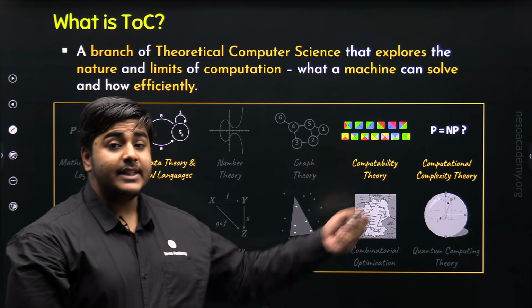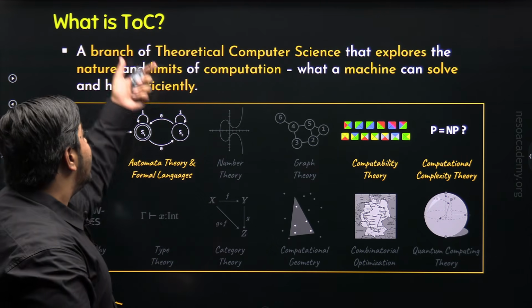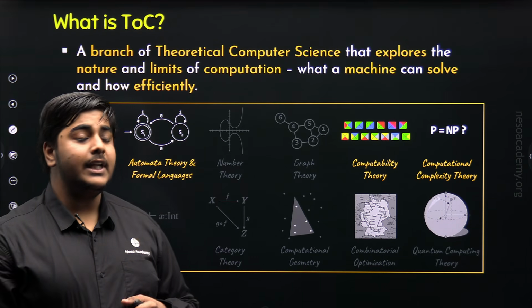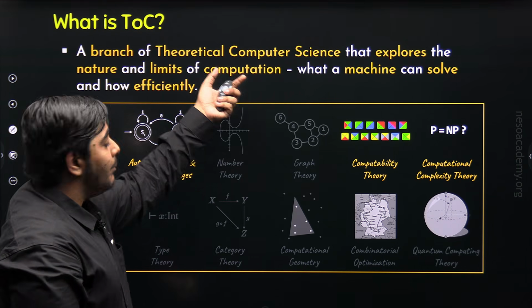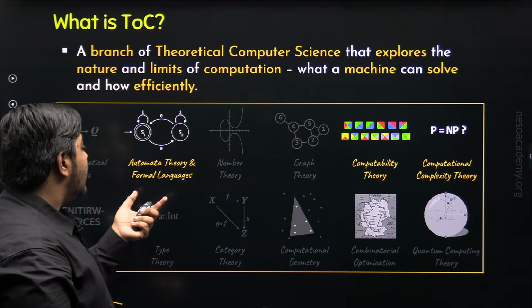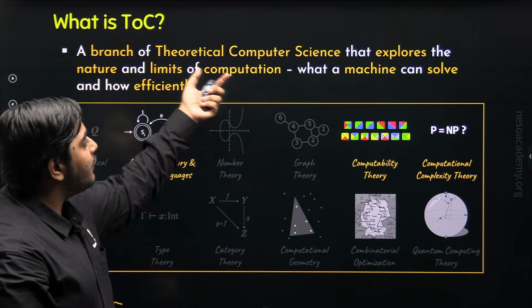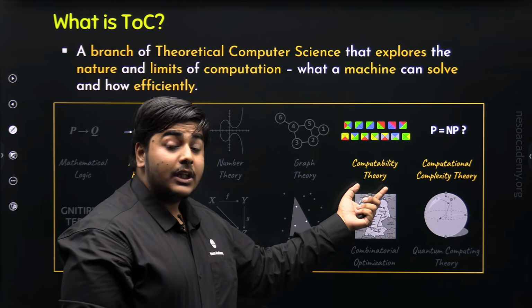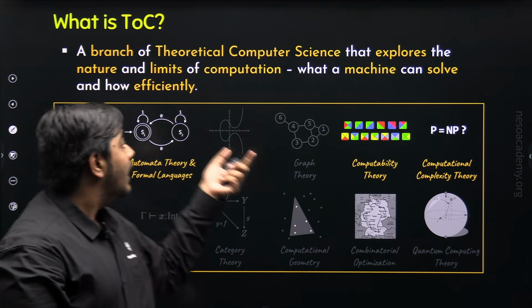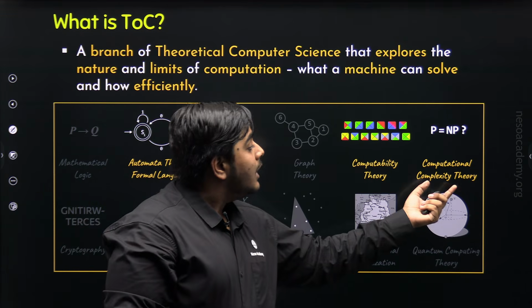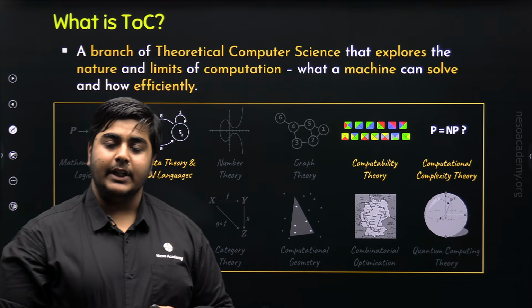These three subjects together are called theory of computation. In the definition of TOC, nature of computation comes under automata theory and formal languages. Limits of computation comes under computability theory, and efficiency of problem solving comes under computational complexity theory.